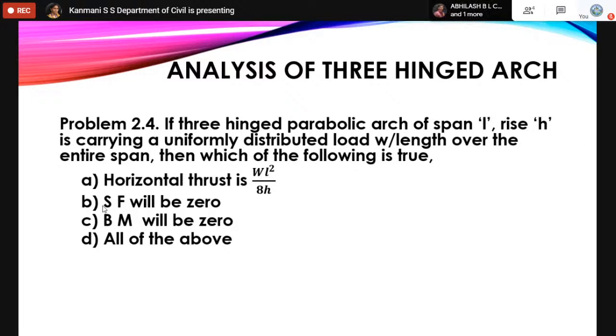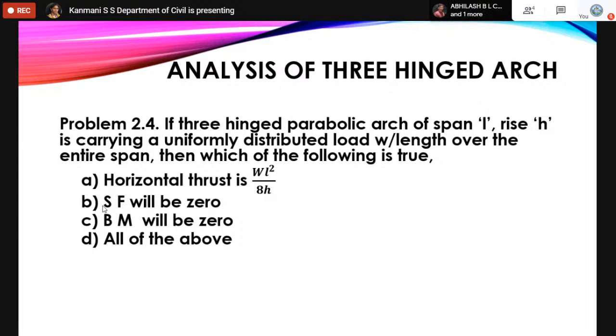That is also correct. If you want to know the shear force at each section, you have to find the radial thrust at each section. If you find the radial shear at each section of a three-hinged parabolic arch subjected to UDL throughout the span, then shear force will also be equal to 0. This is another important thing you should note.